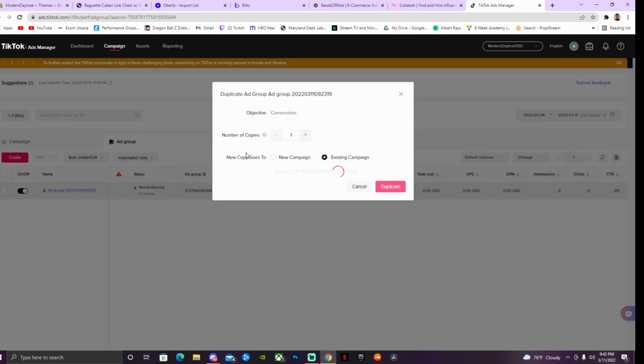Copy would be copying the ad group, or the ad set, that you have for that product. So you would hit existing campaign. You don't want to start a new campaign. You want to have it under the same campaign. For instance, I would make 2 copies, so this would be running 3 ad groups at one time under one campaign. If I was doing $20 a day and now I have 2 more ad groups, duplicates of the first, then I would have 3 total ad groups running, spending $60 a day.